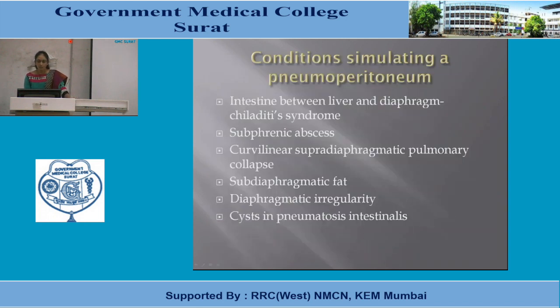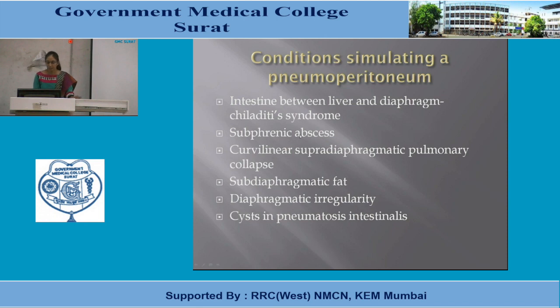Some conditions simulate a pneumoperitoneum, giving the appearance of pneumoperitoneum on X-ray, but it is not in fact pneumoperitoneum. Sometimes intestine, mostly large bowel, is positioned between the liver and diaphragm, giving Chilaiditi syndrome.